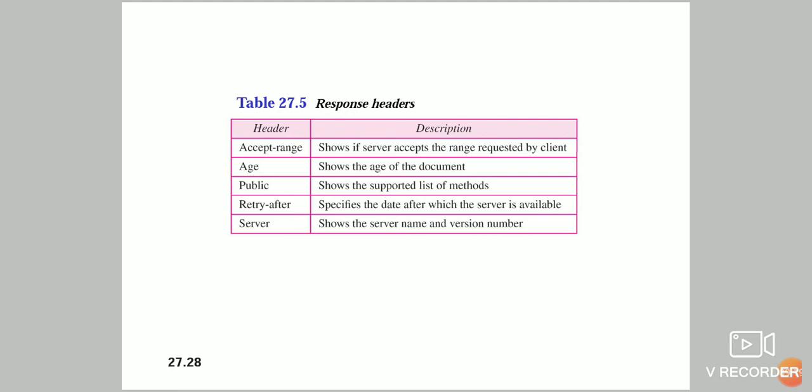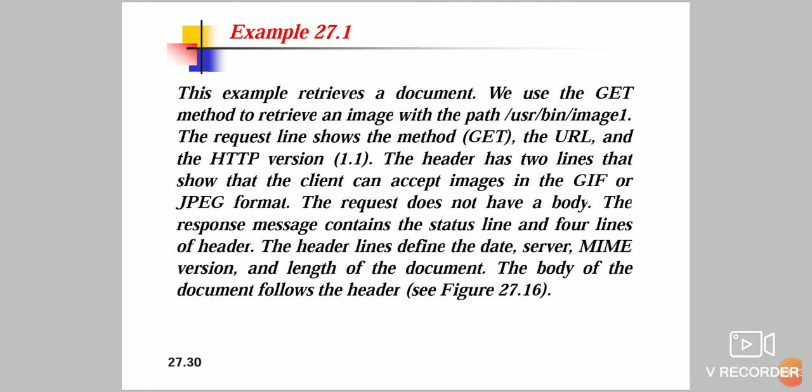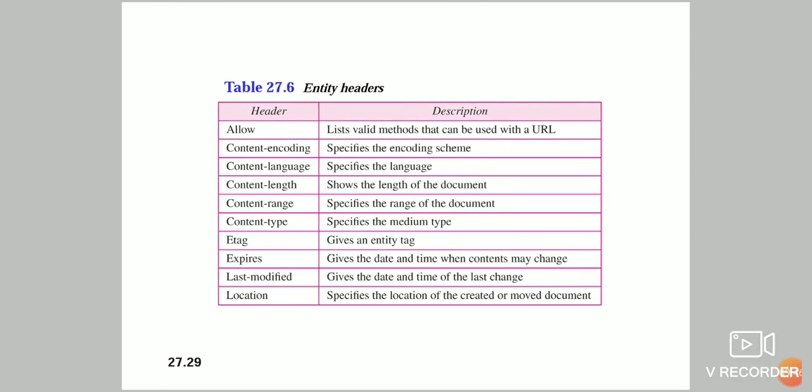Public shows the supported list of methods. And retry after and server, it goes on. Then there are entity headers. Allow is one entity header, content encoding is another, content language is there, content length, content range. These things tell about the web page that is actually requested. So this is all about HTTP.